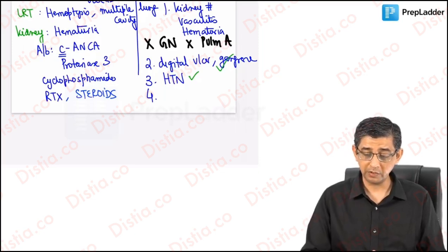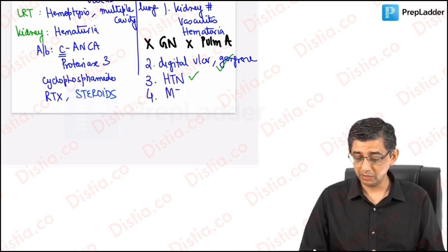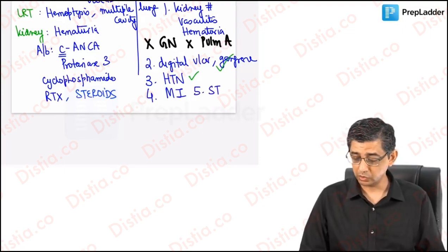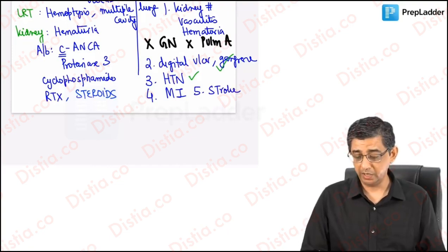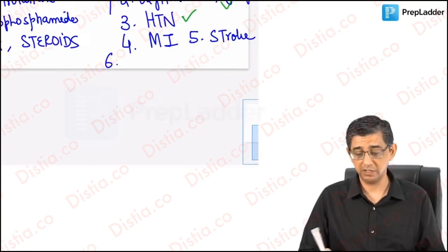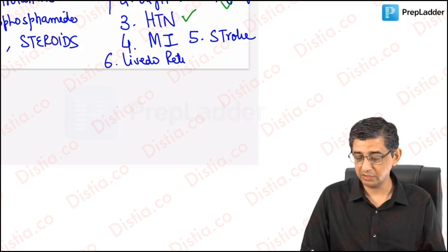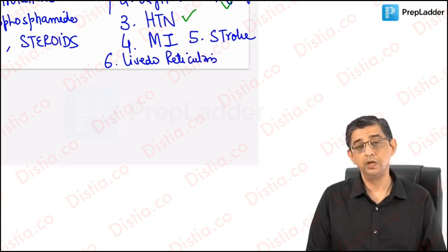Then coronary artery vasculitis can occur, so MI will occur. There's a possibility that vasculitis of brain blood vessels will occur, so stroke features can occur in the patient. And if it is skin blood vessels getting involved, then you might be having a fishnet appearance of blood vessels, that is livido reticularis.